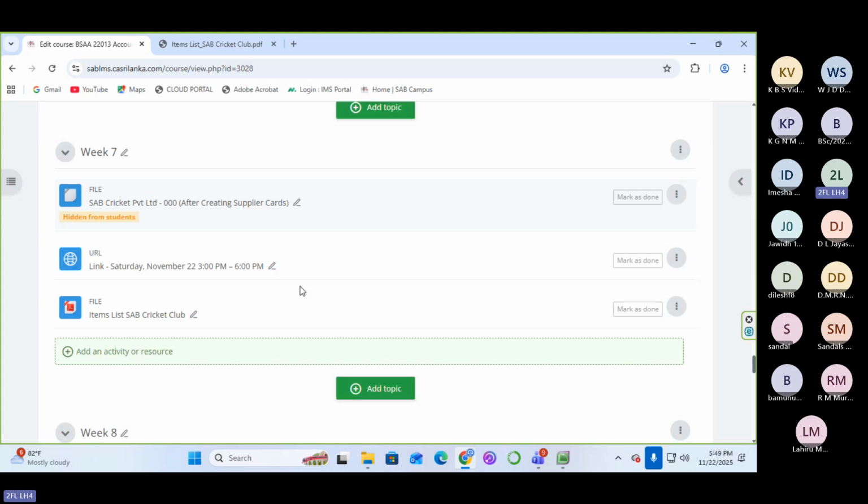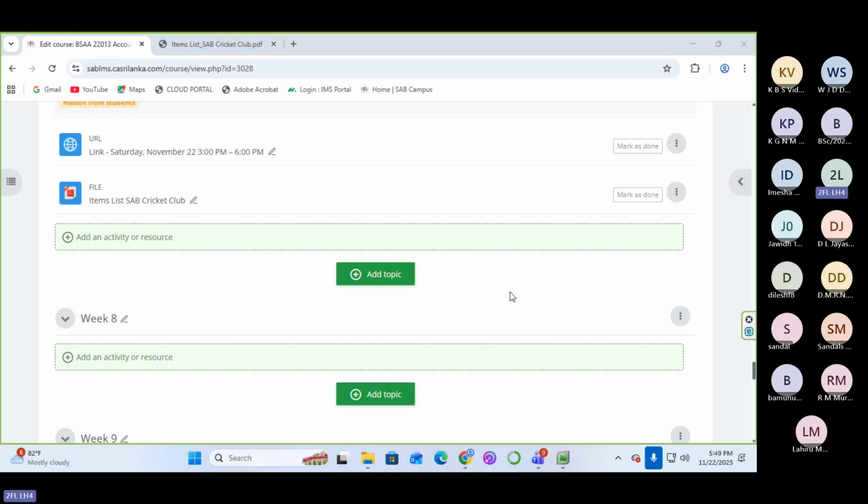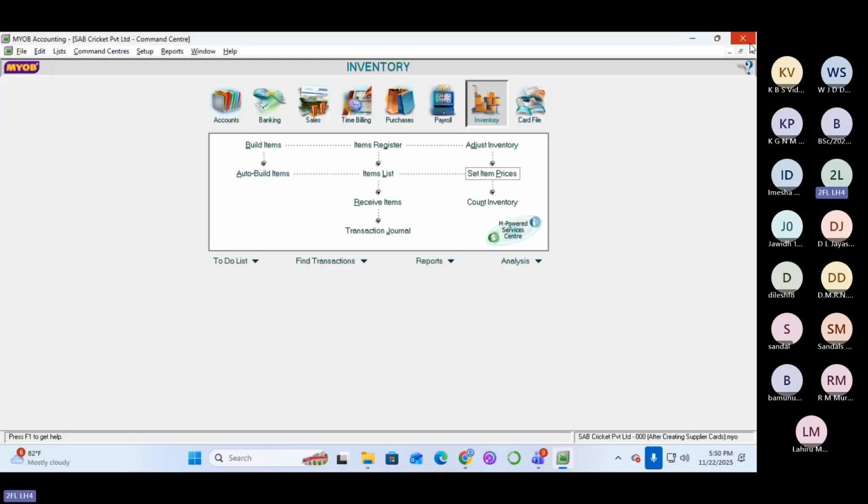Right. So you can take your company file backups, or you can send the company file to your email, whatever mode you are using. Close the company file and select it.